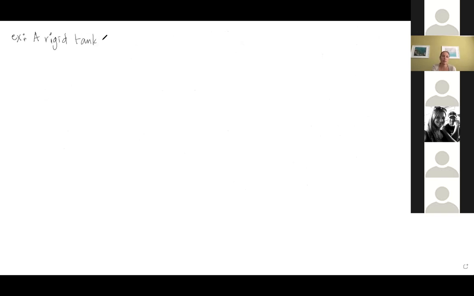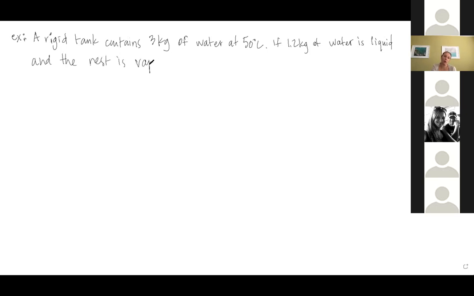So a rigid tank contains 3 kilograms of water at 50 degrees Celsius.